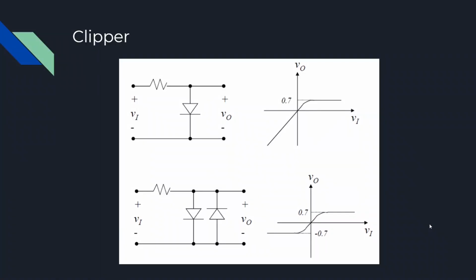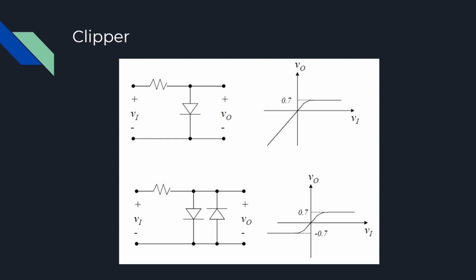We use a clipping circuit to control the output voltage by connecting a resistor and a diode in series. The output voltage is the voltage of the diode. We assume the diode satisfies the constant voltage drop model, which means the voltage drop is 0.7 volts.